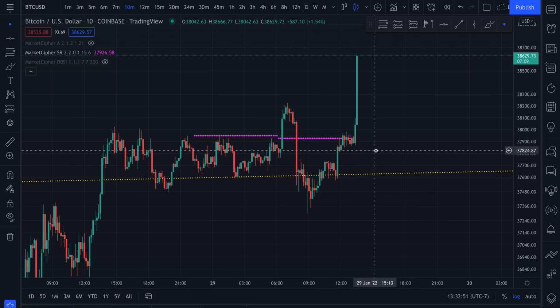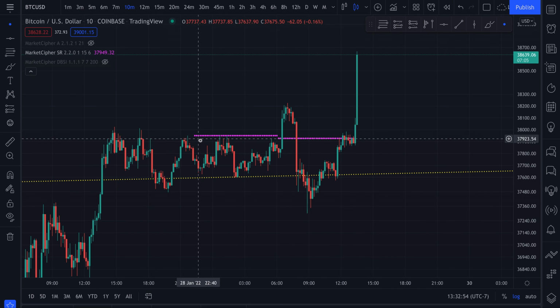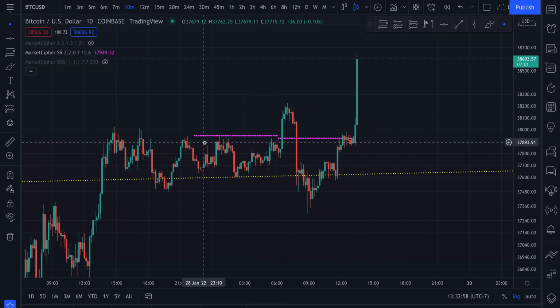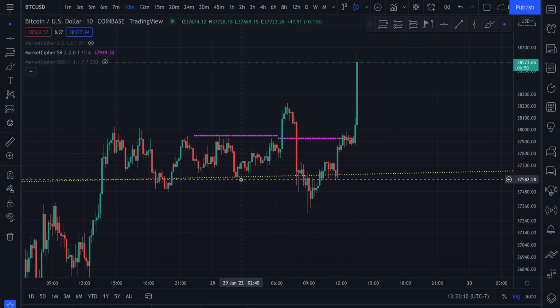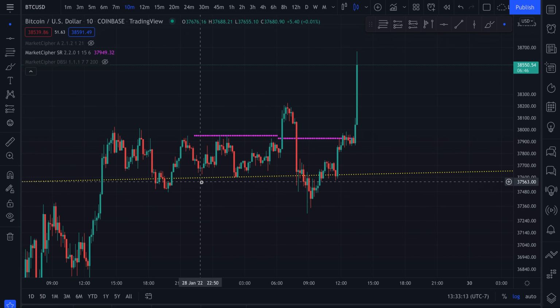But anyways, you want to look for these dots in a long row. The longer it is, the stronger it is, which means the more likely it's going to work in your favor, whether that is shorting. And let's move on to the yellow dots.